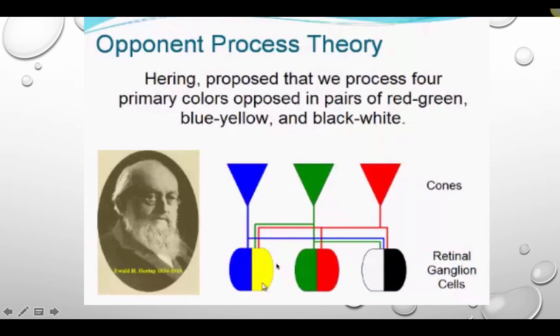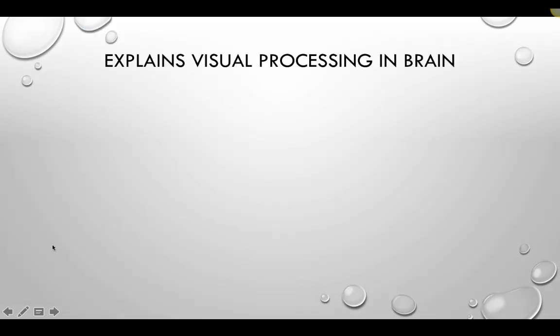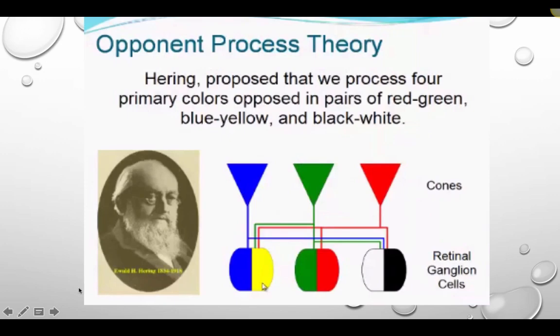Well, then the yellow would shut off. The yellow would be turned off or inhibited, and blue would take up this whole space. But if more red and green were coming into this opponent pair, yellow would take over and blue would be inhibited. Same with the red-green pair or the black and white pair.